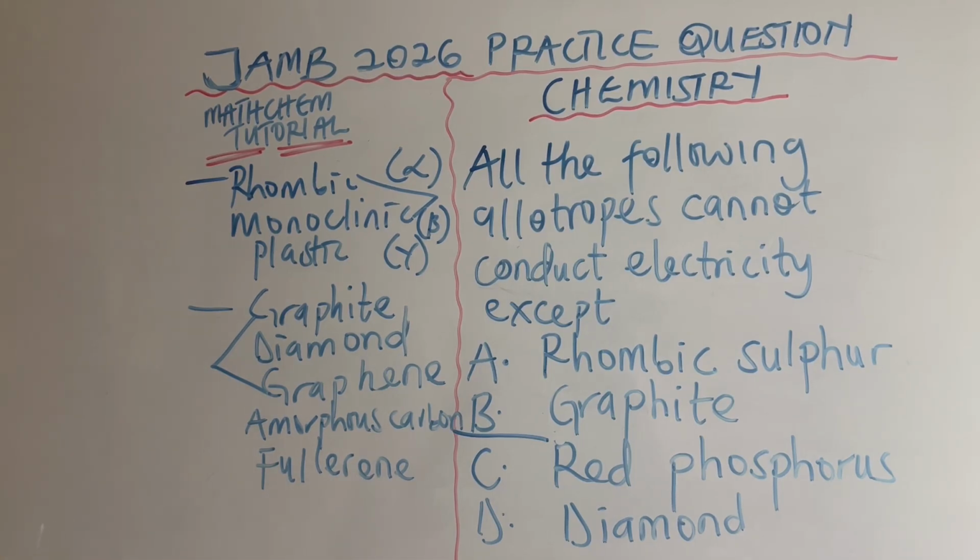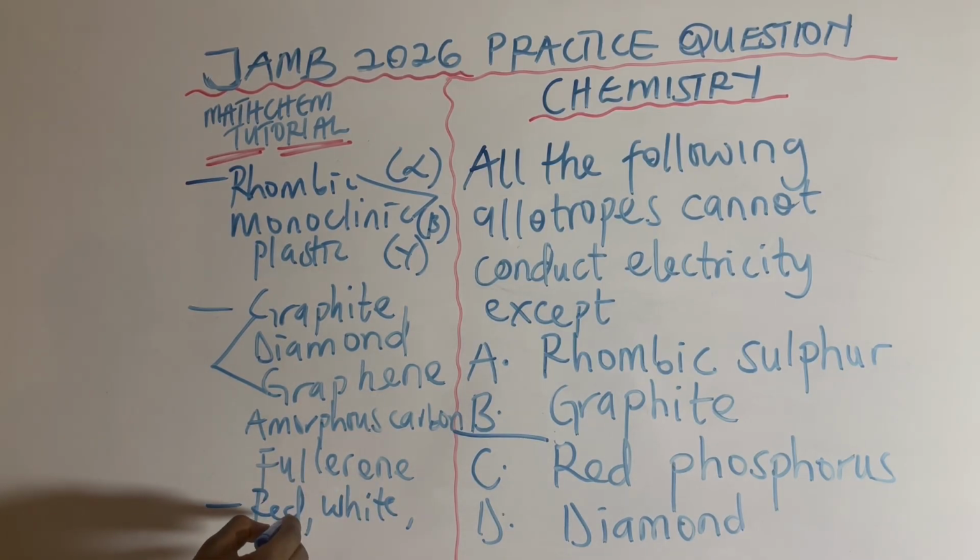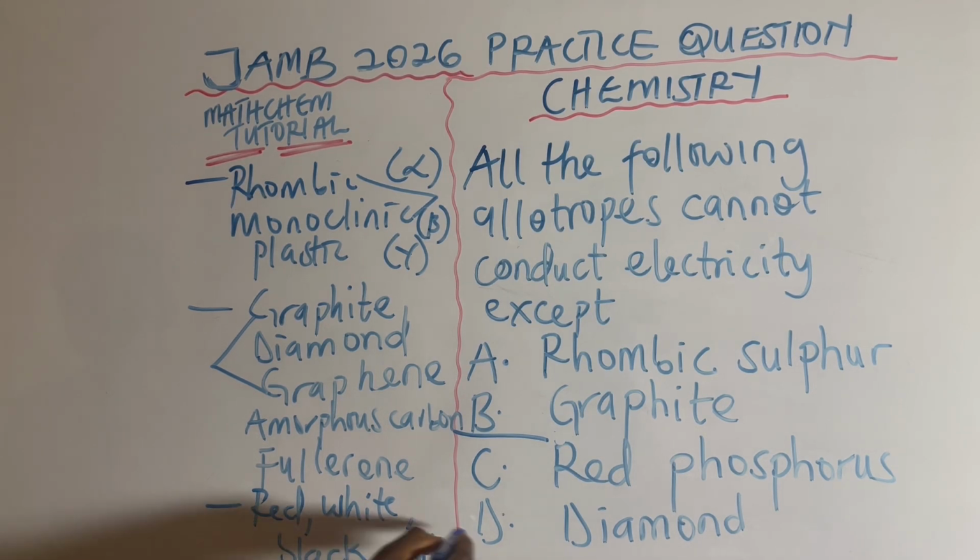Now for phosphorus, we have three allotropes: the first one is red phosphorus, the second is white phosphorus, and the third is black phosphorus. Although we also have the one we call violet phosphorus. The main ones, for UTME or WAEC standard level, are red phosphorus and white phosphorus.